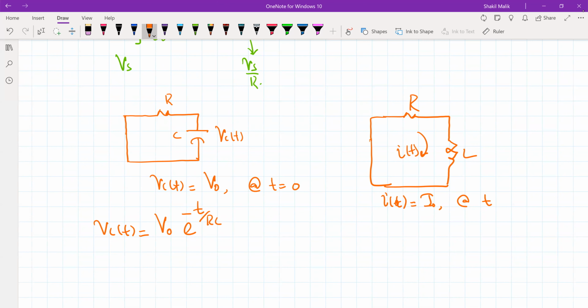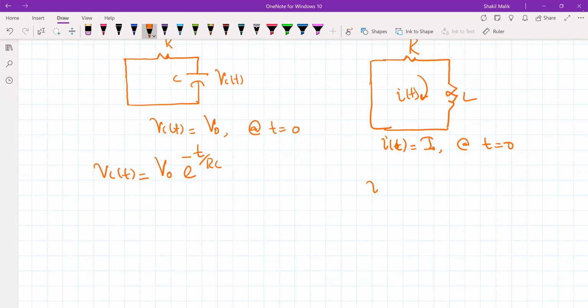So at t equal to 0, this is the value of the current. Then the inductor current behaves like this. It is equal to I naught e to the power of minus R by L t. We derived it in the last class.